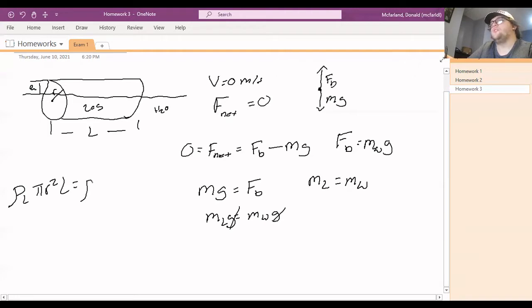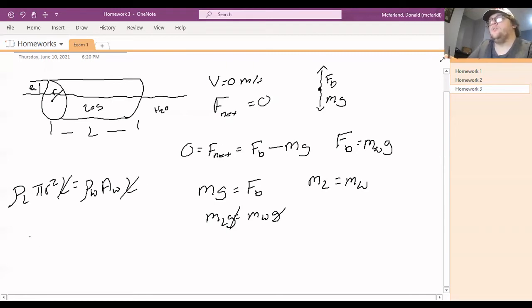The mass of the water is equal to the density of water multiplied by the cross-sectional area, in this case the area under the water. I'll call it AW for right now, area of the water underneath, multiplied by the length. Notice length, same thing as gravity, we can get rid of those.